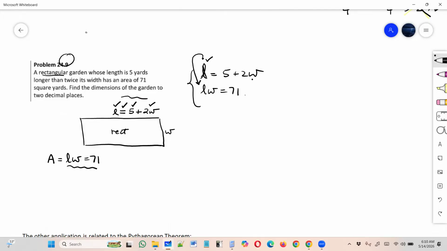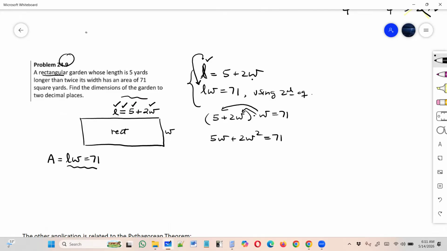So using the second equation, I am going to replace L with 5 plus 2W, times W equals 71. And now I'm going to solve this. So I'm going to distribute W. All right, so this is 5W plus 2W squared equals 71.